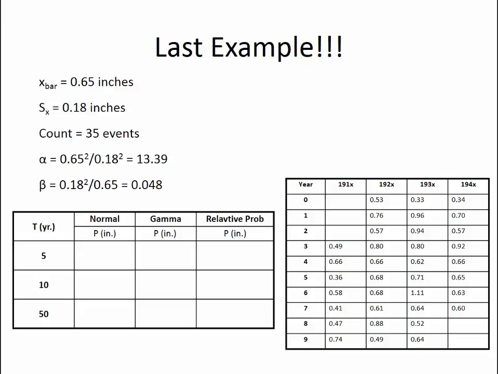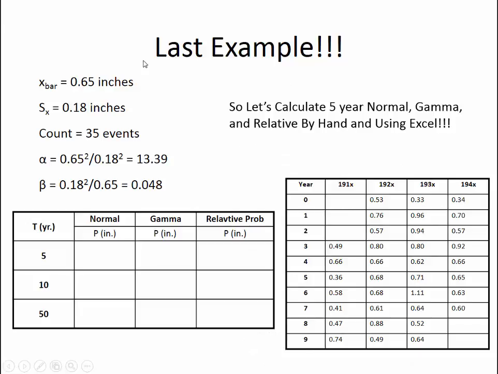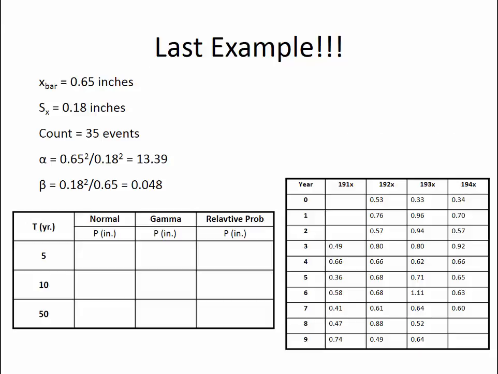Then I found the beta parameter, which is the standard deviation squared divided by the mean, and that's 0.048. So let's now go ahead and calculate the 5-year return interval rain estimate given this data using a normal distribution, using a gamma distribution, and then just calculating it by hand given the data that we see here, right?